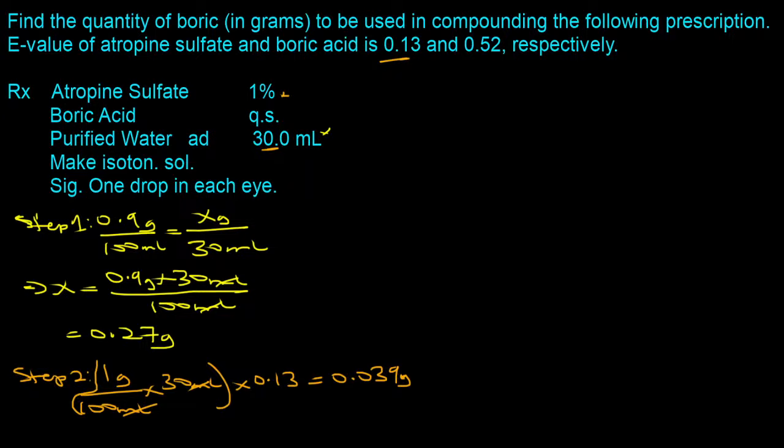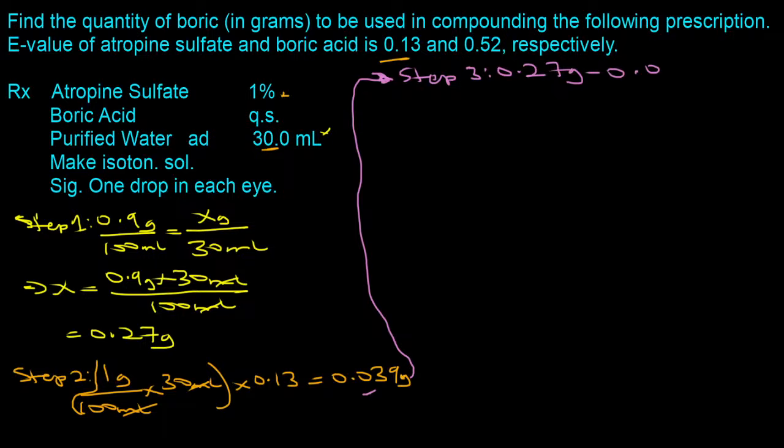Now we move on to step 3, and in step 3, simply find the difference. You take the value from step 1, which is 0.27 grams, and subtract from that the value from step 2, which is 0.039 grams.